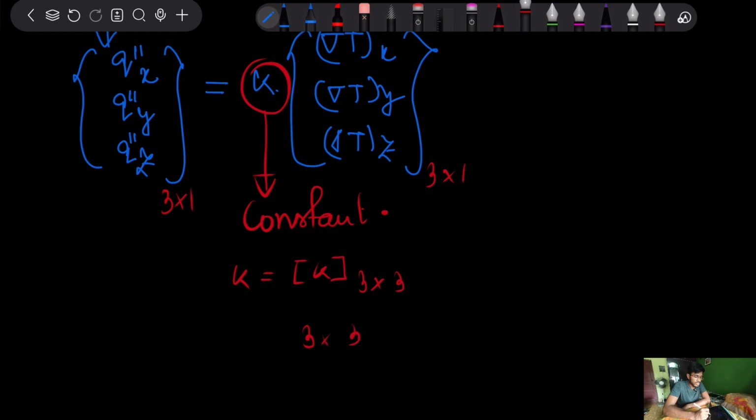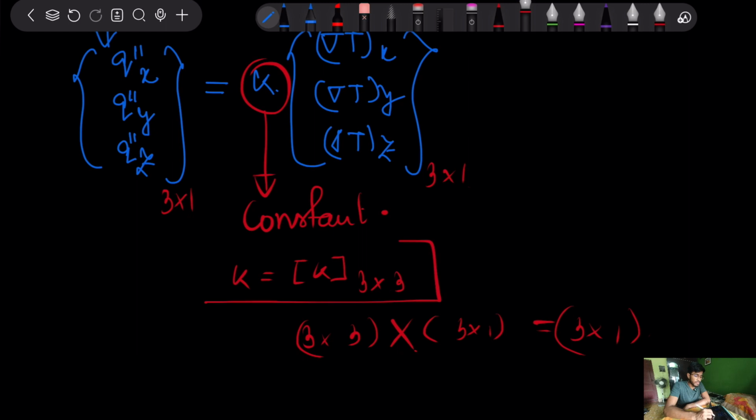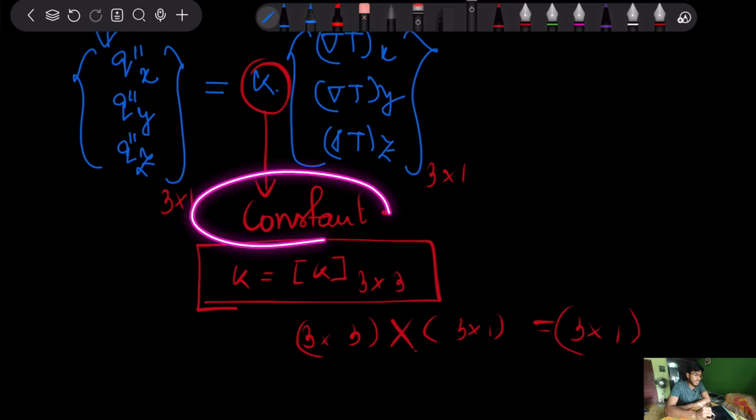A 3 cross 3 matrix multiplied by a 3 cross 1 gives me a 3 cross 1 matrix. So my K can be a 3 cross 3 matrix. And it cannot be only a number. This K cannot be only a number, and that I will show you. So this is actually not correct mathematically.